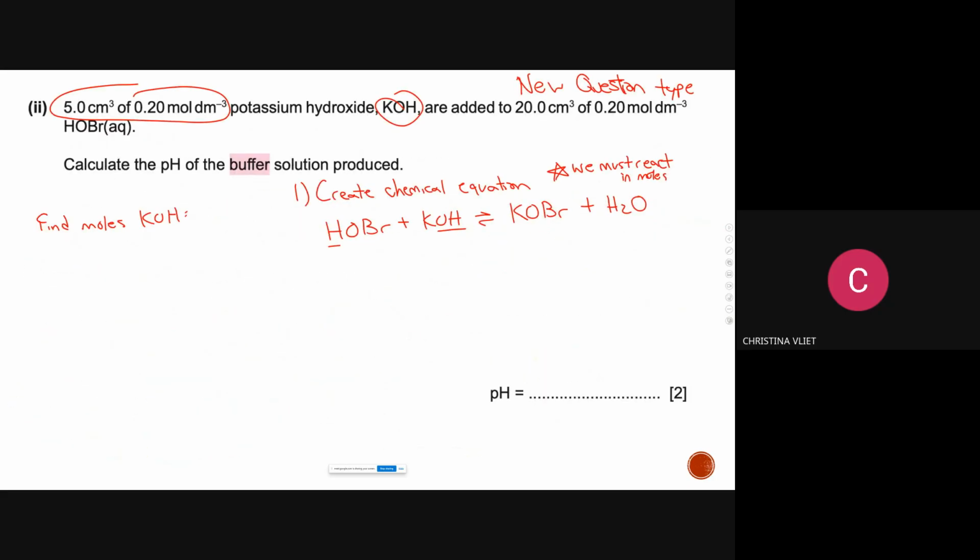So I'm going to do concentration times dm cubed is moles for each one, right? It's just one calculation. What's my concentration for KOH? 0.2. What's my volume in dm cubed?